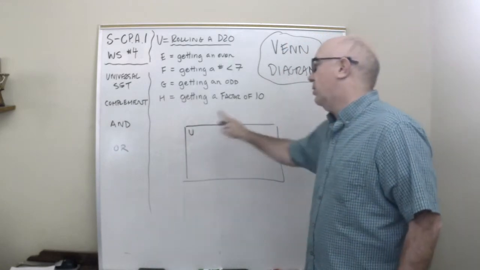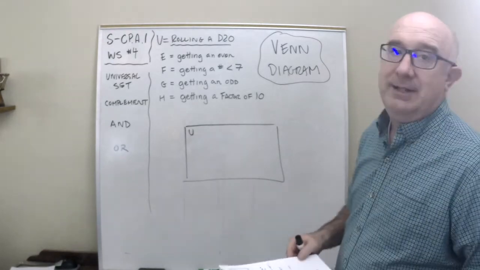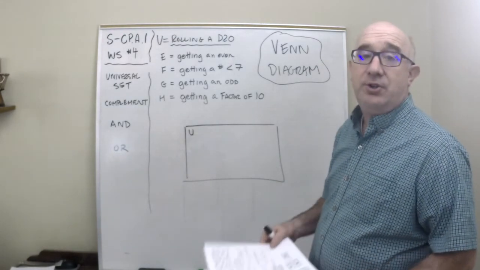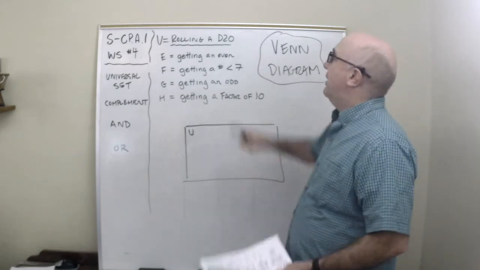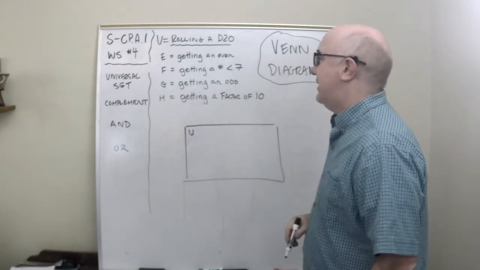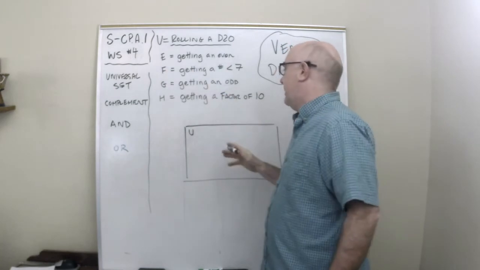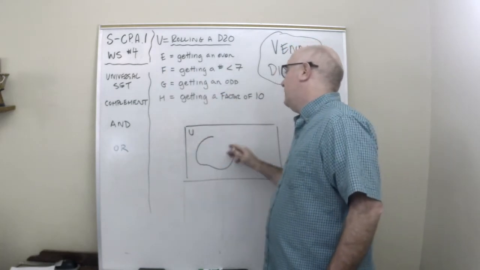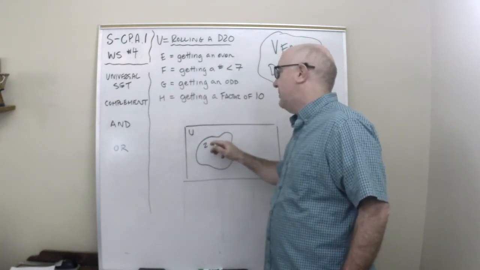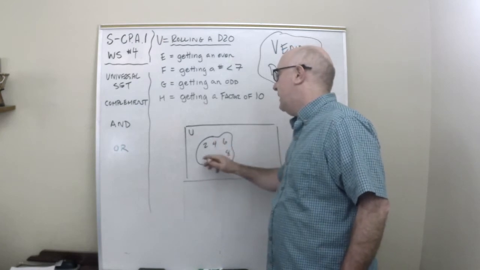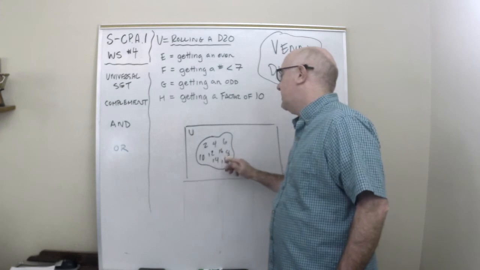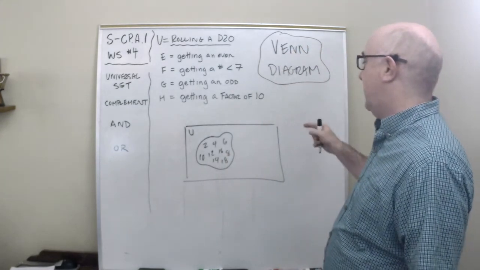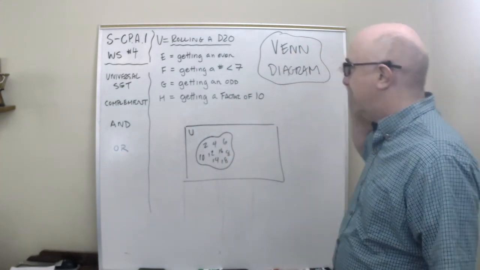Now once you have your universal set defined and your boundary defined, you can start to create what are known as the subsets. Now getting a subset of evens, the set E, you just create any old boundary and you would start to list them out. 2, 4, 6, 8, 10, 12, 14, 16, 18.